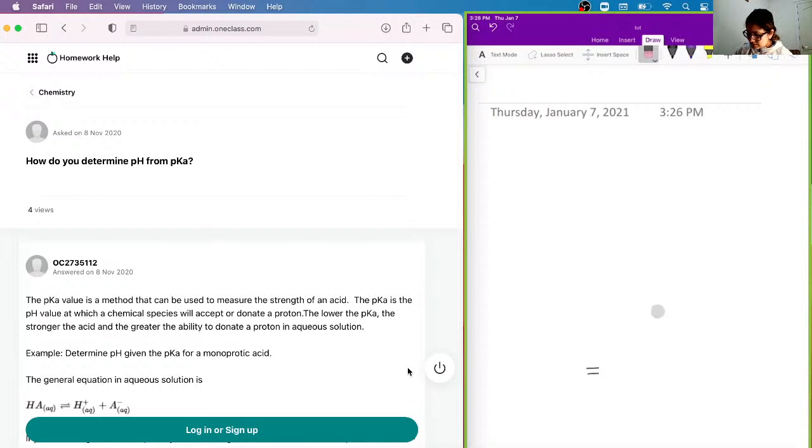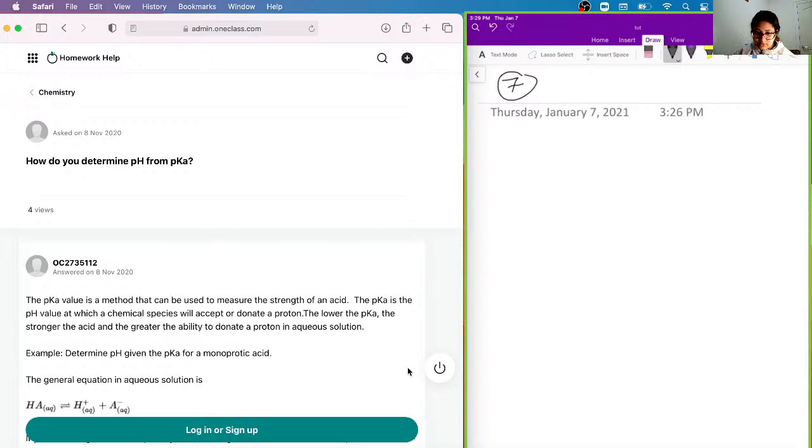So next question says, how do you determine pH from pKa? When we're talking about pH, we're talking about acids and bases. The pKa is a method that can be used to measure the strength of an acid, or how acidic a compound is. The pKa is the pH value at which a chemical species will accept or donate a proton.